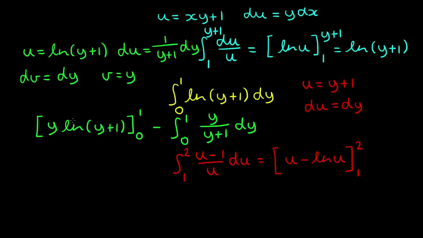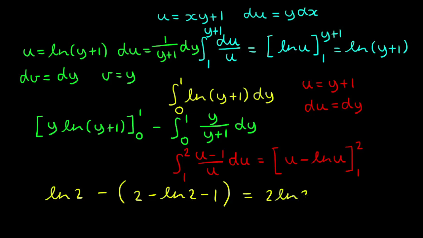So what we get is 1 plus the natural log of 2 minus 0 and minus 2 minus the natural log of 2 minus 1 minus the natural log of 1, which is 0. So what we get is 2 by the natural log of 2 minus 1.